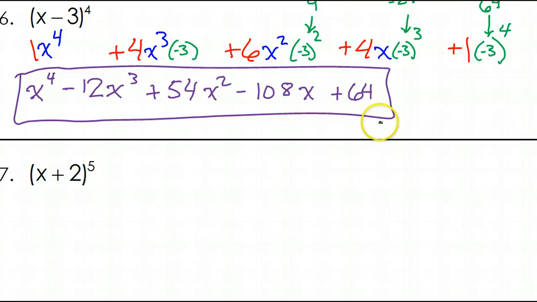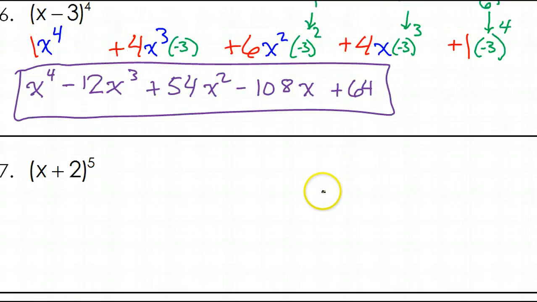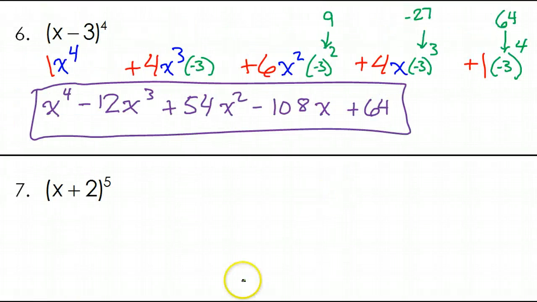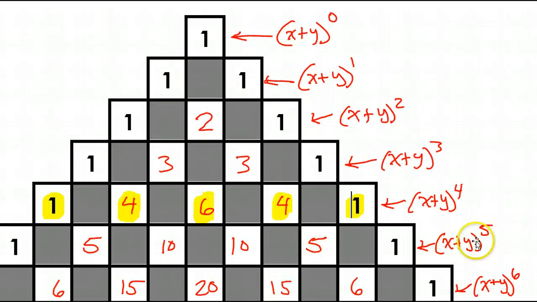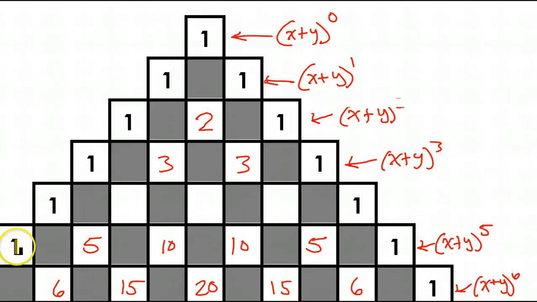Number 7. This time it is the fifth power. So as we look at Pascal's triangle, we look for the row that represents the fifth degree. And it is right here. So these will be the coefficients that I'm using this time.